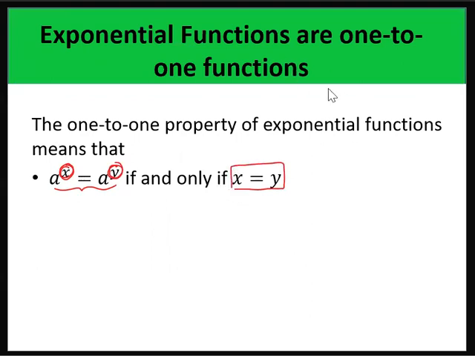For instance, if we have 2 raised to x is equal to 8, this means that 8 can be written as a power of 2, or 2 raised to 3. So this would imply that x is equal to 3. That's how we apply this one-to-one property of exponential functions.